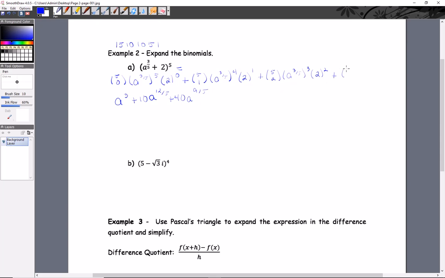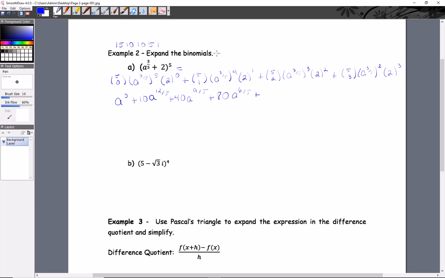Now we'll do 5 things taken 3 at a time. And that'll be a to the 3/5 raised to the 2nd power, and then 2 raised to the 3rd power. I'm out of room, so I'll continue up here later. If you do this again in your calculator, you should get another 10, and this will be 8. So the next coefficient will be 80, and that'll be a to the 6/5, all right?